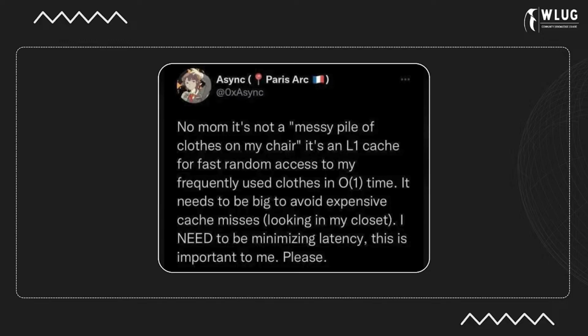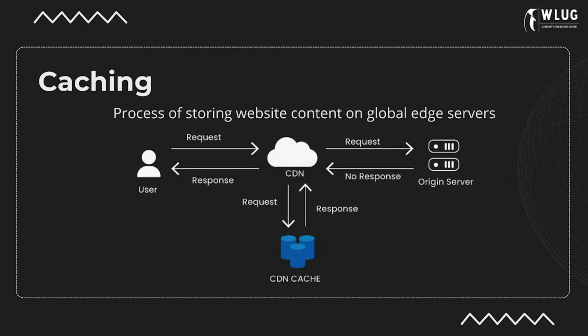Now that we've understood caching in a general sense, let's see what it does when it comes to CDNs. When we talk about caching in CDNs, it is the process of storing website content on global edge servers.